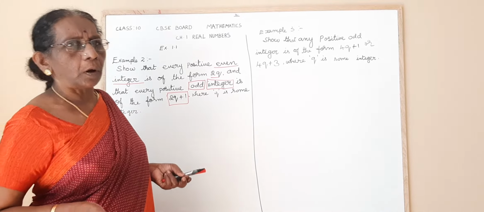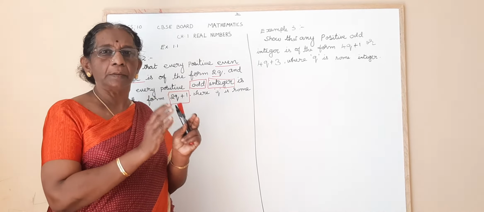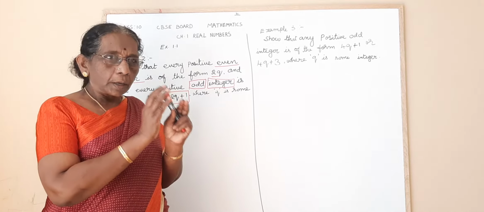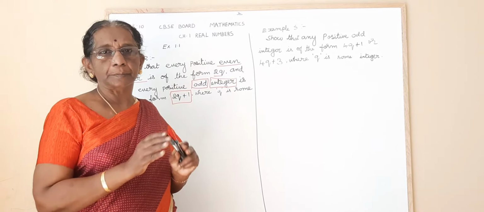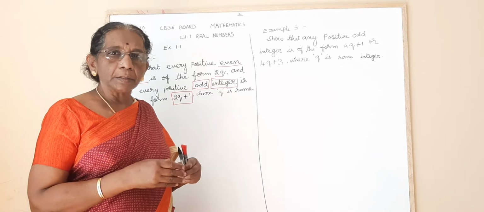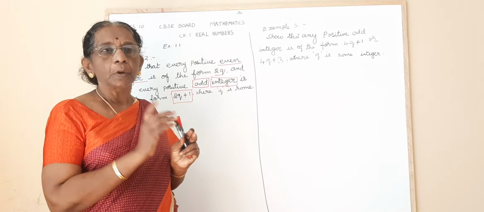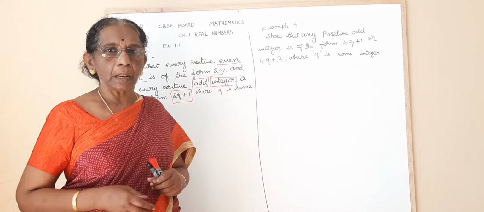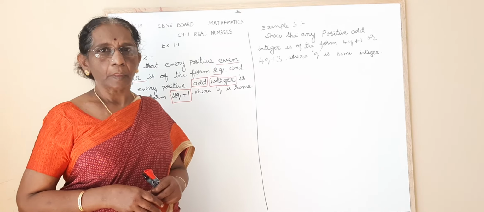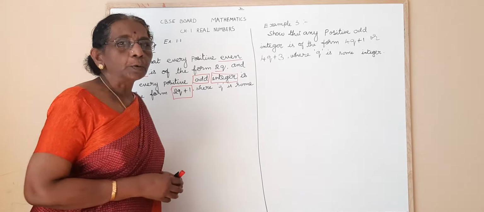Even integer means you can group each even integer into equal groups containing 2, you can pair them. But an odd integer means that when you pair the number into 2's, you will get 1 as the remainder. This 1 will always be left without a pair. Isn't it, children? So let's see how to prove it.